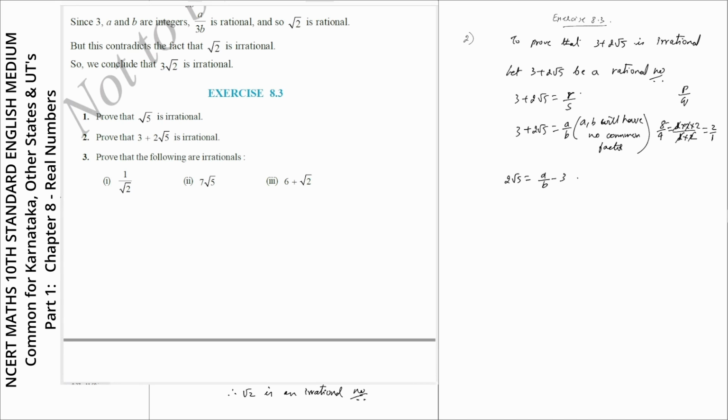Again I can write root 5 is equal to a by b minus 3 into 1 by 2. I can write like this. Now you can see 1 by 2 is a rational number. A by b also is a rational number. And 3 also is a rational number.